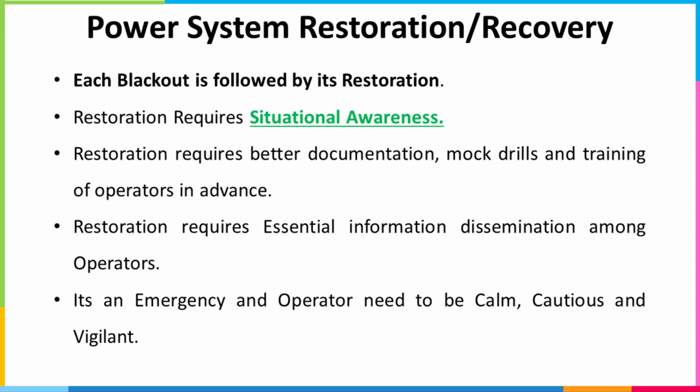You should know how big the problem is, where the problem is, what kind of generation has tripped, what systems are still alive, and whether we have power from the neighboring region or not. This is the situational awareness that an operator always wants before starting the restoration. He should know the area where the blackout is located.